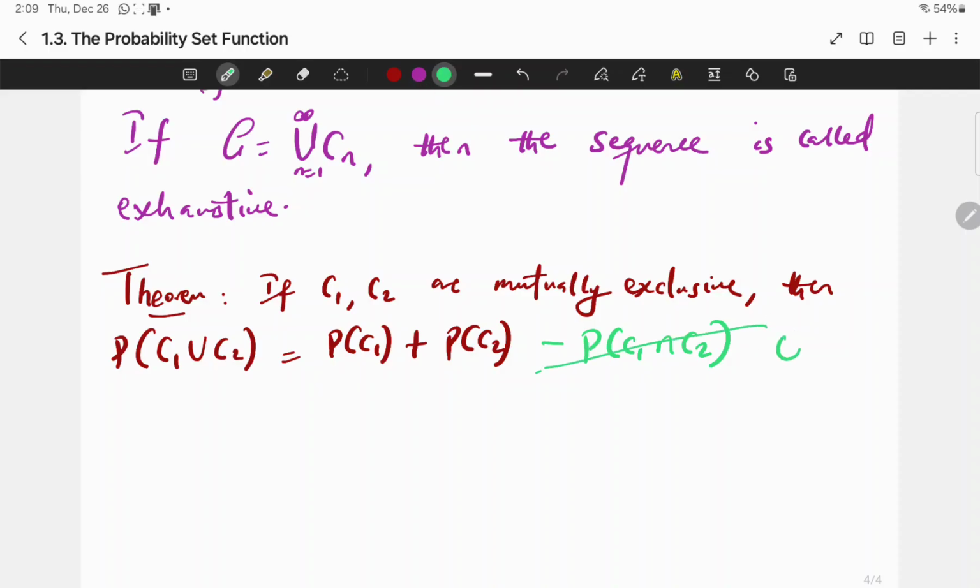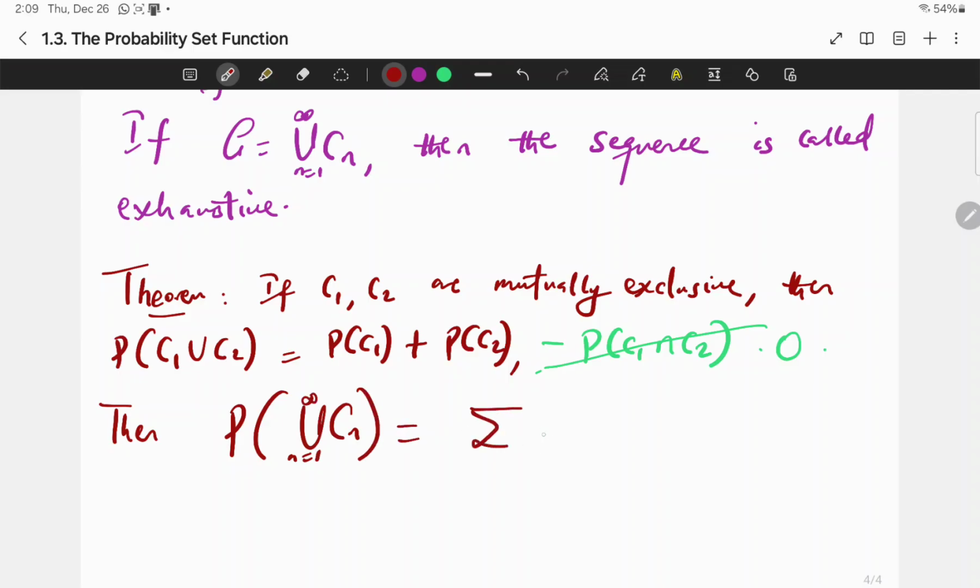So if they are mutually exclusive, the probability of their union equals the sum of the probabilities of the individual events. And the probability of the countable union in this case equals the summation of the probability of Cn, n equals 1 to infinity.